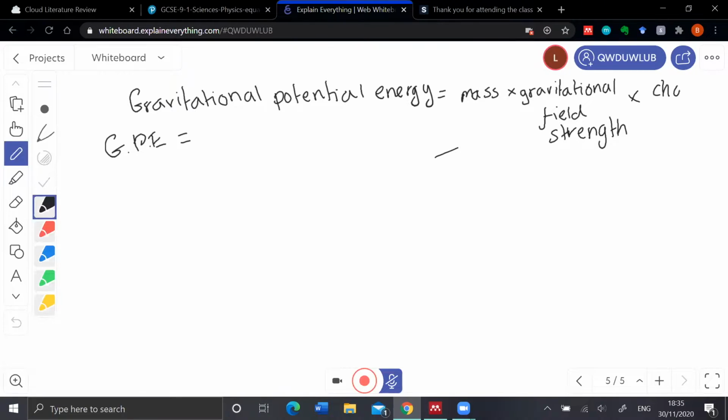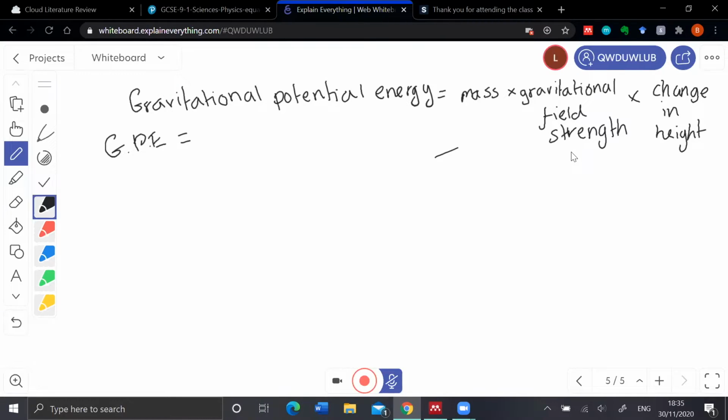This is the change in the energy store when you lift something up against gravity. So if you put the box above the floor, you're actually increasing its store of gravitational potential energy. So the higher an object is, the further away from the Earth's surface, the greater its gravitational potential energy. So change in height.